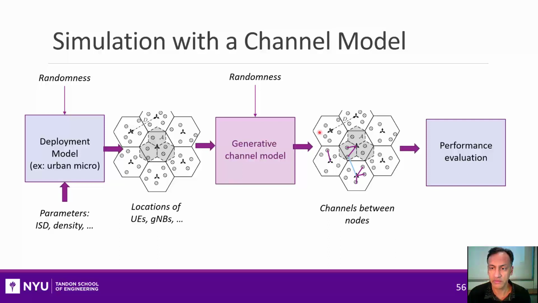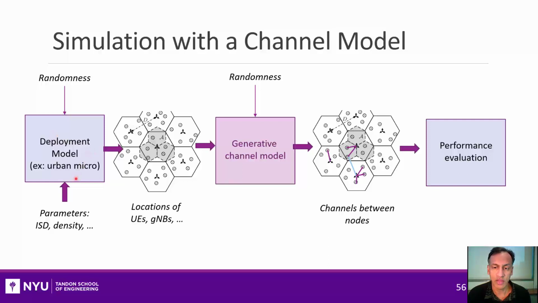Now, the way it works in a typical evaluation methodology is you have three parts. Typically, you start off with what you would call a deployment model, which is some statistical model for where the users are located, for example in a cellular system, and where they might be located relative to the base stations.